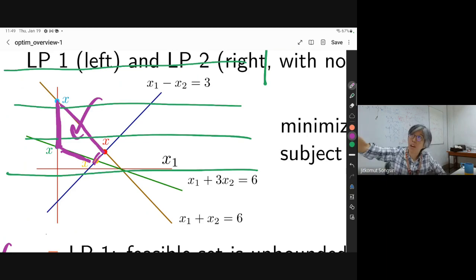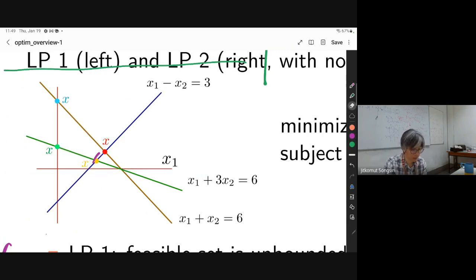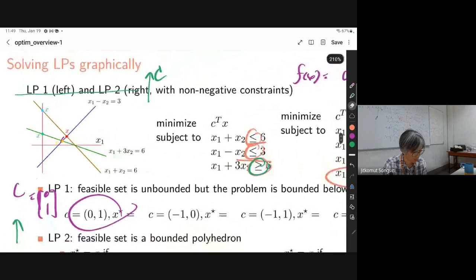The horizontal line, the smaller value, the higher or the lower? Because my gradient is pointing that way. Solution is the blue, the green, the red, or the yellow? The yellow. Okay, you just look at the coordinate. We're not going to do all of them because this is very basic.